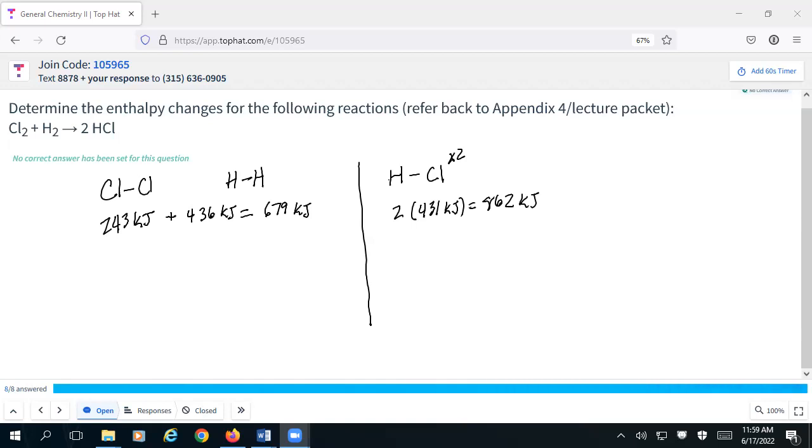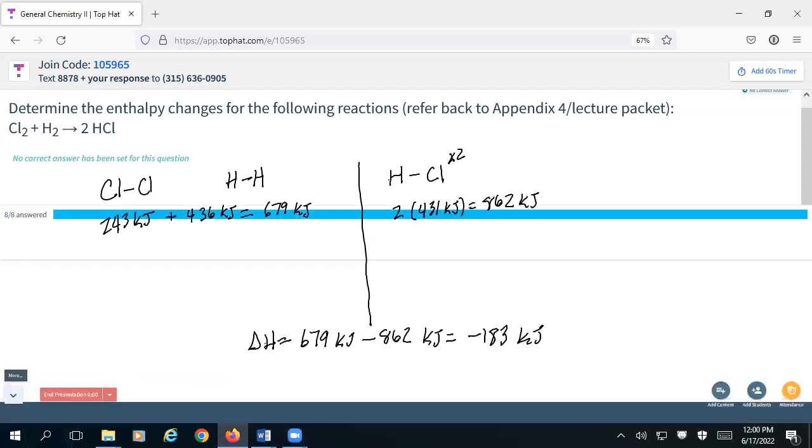To get delta H, I would subtract 679 minus 862, so bonds broken minus bonds formed, and I would have got negative 183 kilojoules as my answer there. All right, any questions with this one? All right, let's try one more then.